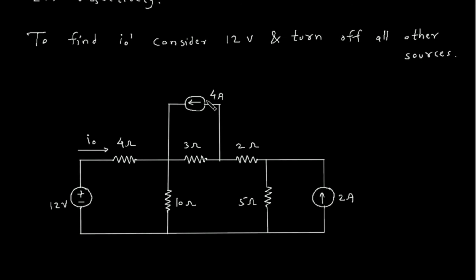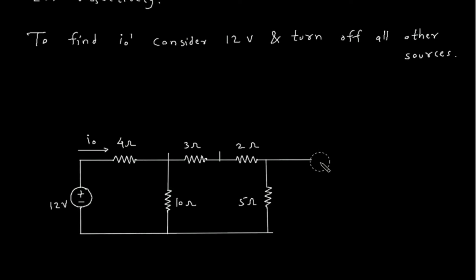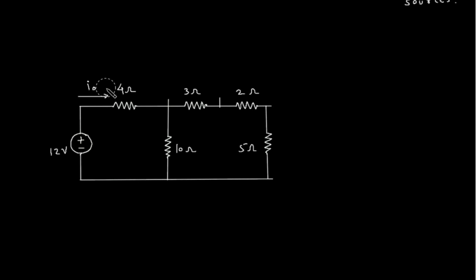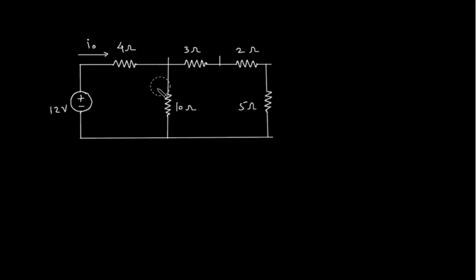Since this is a current source, this will be turned off and open circuited. This is also a current source, so this will be turned off and open circuited. Now we have to find this I/O. First we will find equivalent resistance. As we can see, this 3 ohm, 2 ohm and 5 ohm are in series.